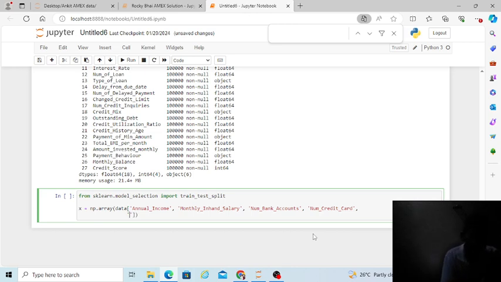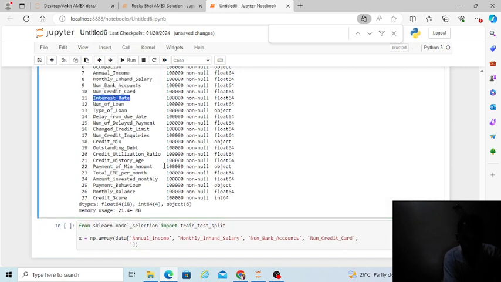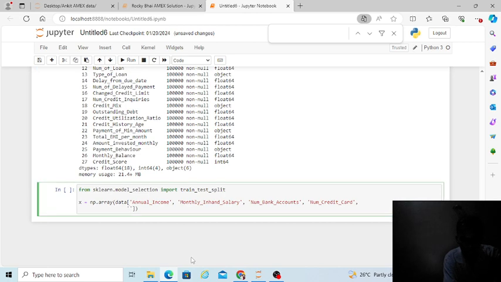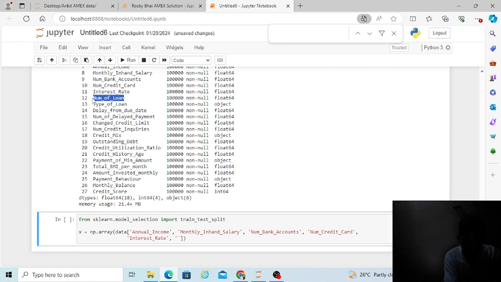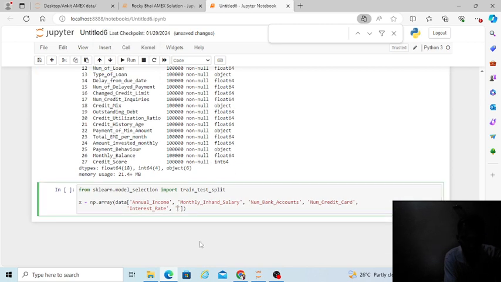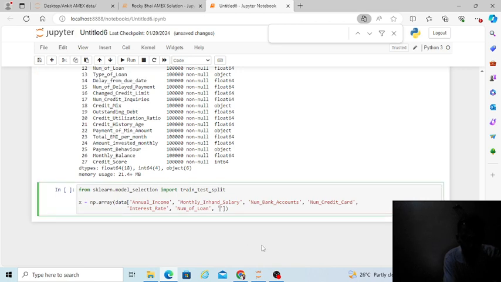Now interest rate, this will also have effect, so I will include interest rate. Now number of loans will also have effect on credit score, so I will include this also. Now delay from due date, this will also have effect.